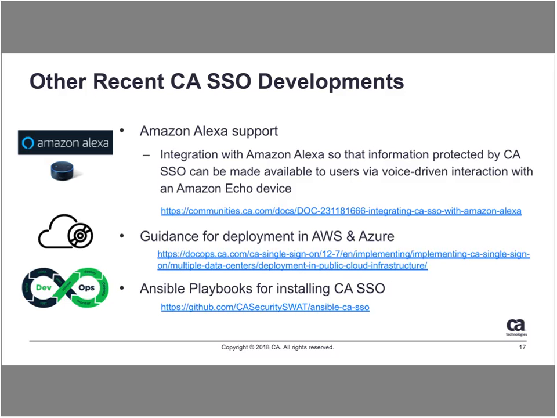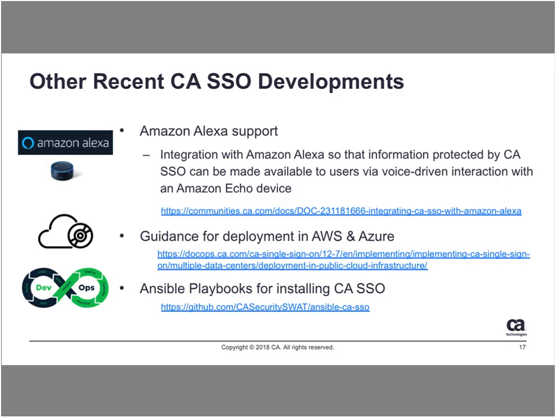Another final, extra credit set of information we wanted to share, because sometimes these things get done and delivered but aren't completely visible to everybody. We've provided information on how to integrate, using OpenID Connect, with Amazon Alexa and the Echo devices, providing a voice-driven interaction with an Echo device to gain access to information protected by CASSO, with the underpinning technology being OpenID Connect.